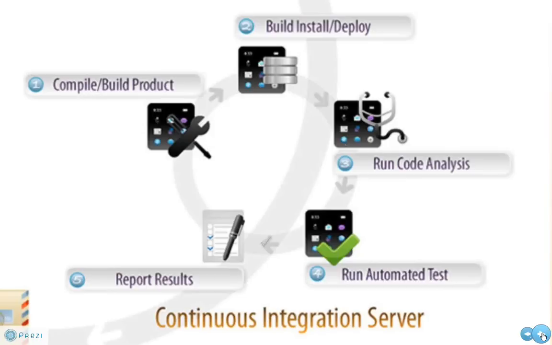If I compare all of these for open source, I would go with Jenkins, because Jenkins is a better tool for continuous integration with any kind of development or with PHP, and you get lots of blogs which will tell you how to do continuous integration with Jenkins and PHP.